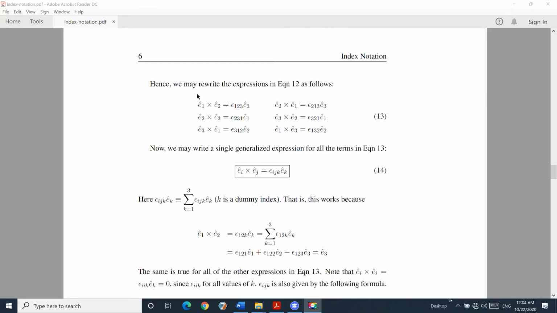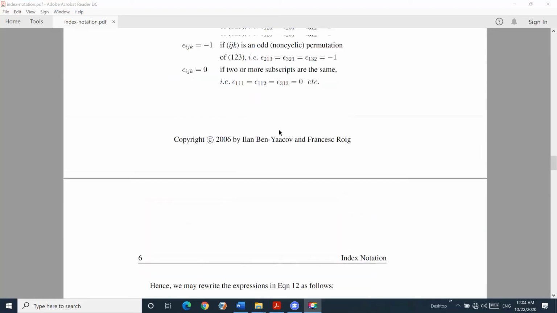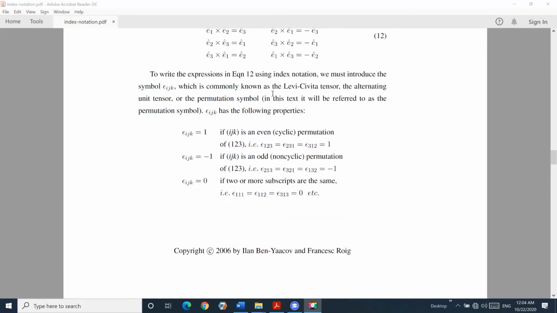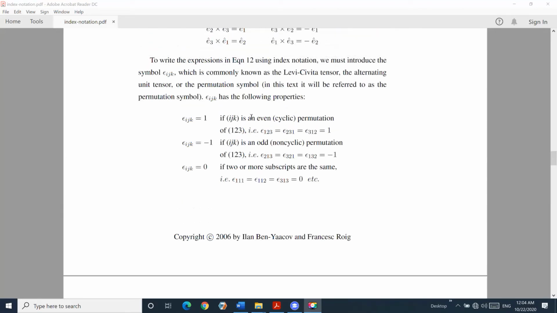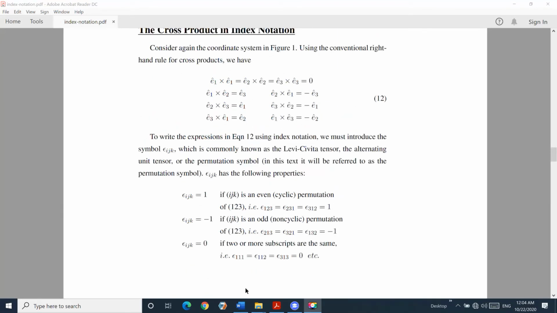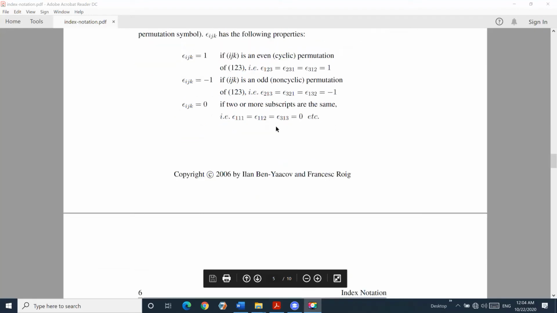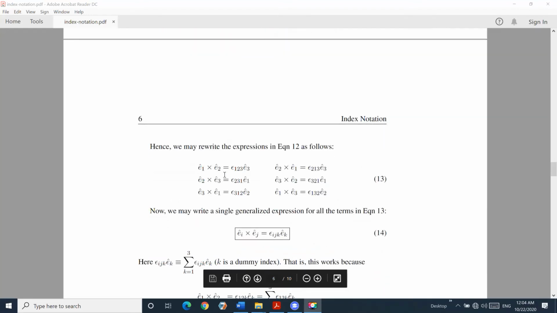So hence we may write expression 12 like this. Now the cross product between E1 and E2 is equal to epsilon 1 2 3 E3, because here we obtain E3 since epsilon 1 2 3 is equal to 1, because this is 1, this is 1, this is 1, and this is minus 1, this is minus 1, this is minus 1.